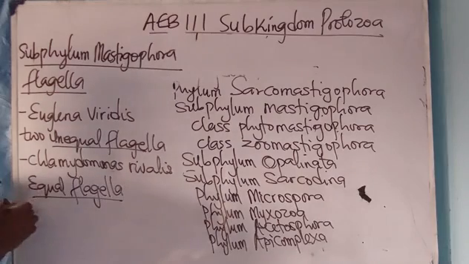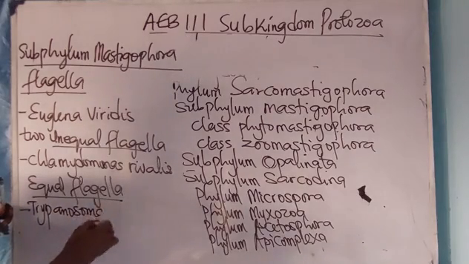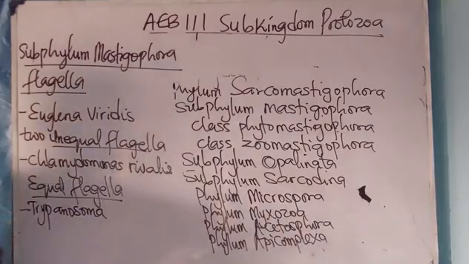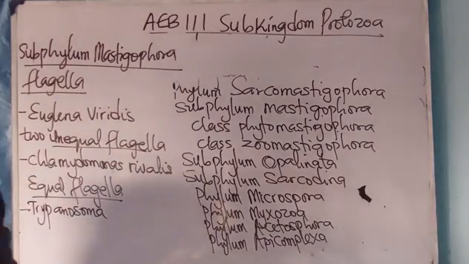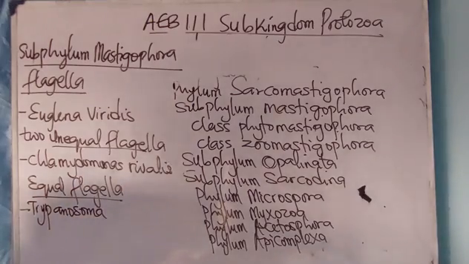Another example of organisms that possess flagella for locomotion is Trypanosoma. I told you it's a causative agent of sleeping sickness, called trypanosomiasis. Then you also have Trichonympha.